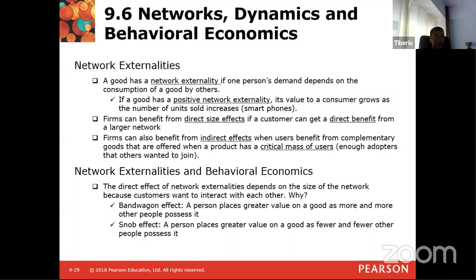Firms can benefit from direct size effects if a customer can get a direct benefit from a larger network. Firms can also benefit from indirect effects when users benefit from complementary goods that are offered when a product has a critical mass of users.